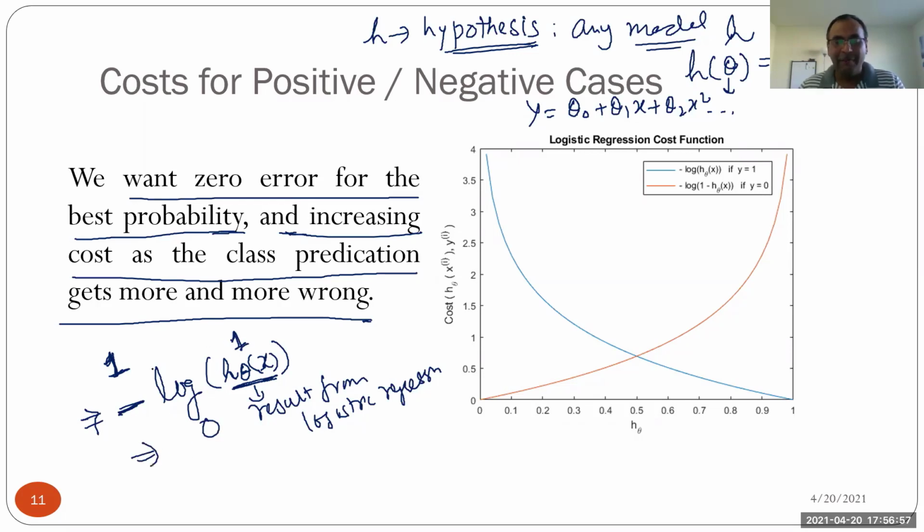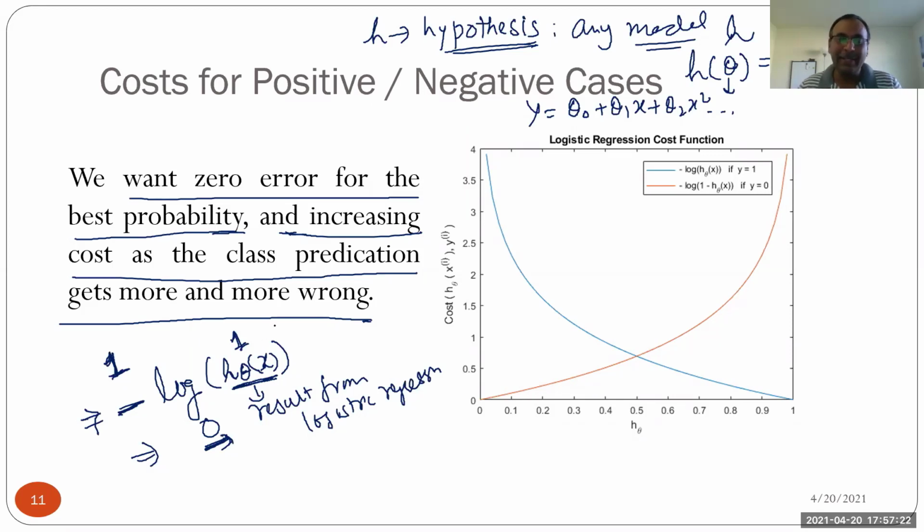That means when the reality was that the data belonged to the positive class, that is, the data was for female and your classifier logistic regression also predicted female, then the cost is 0. You should not be penalized because your classifier is doing the correct thing, doing the right job.